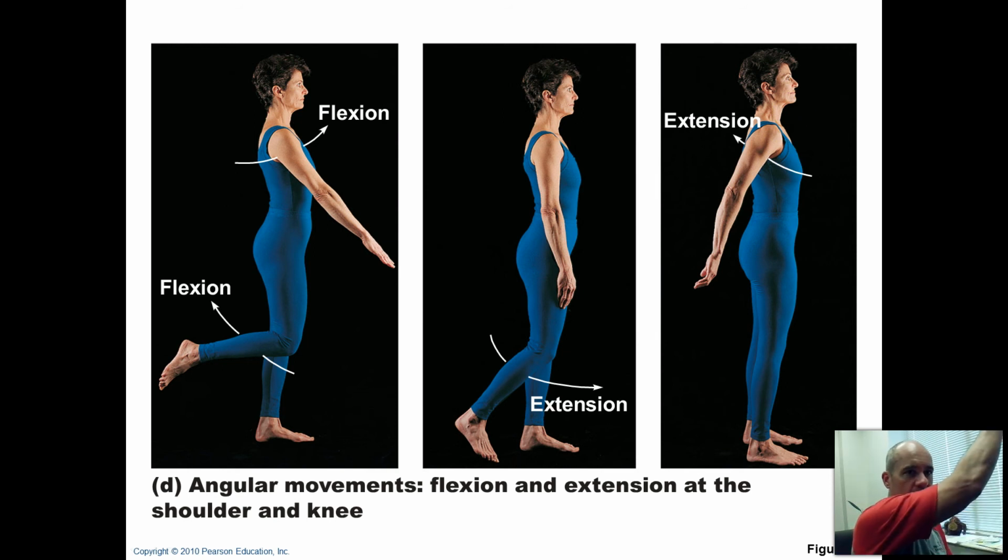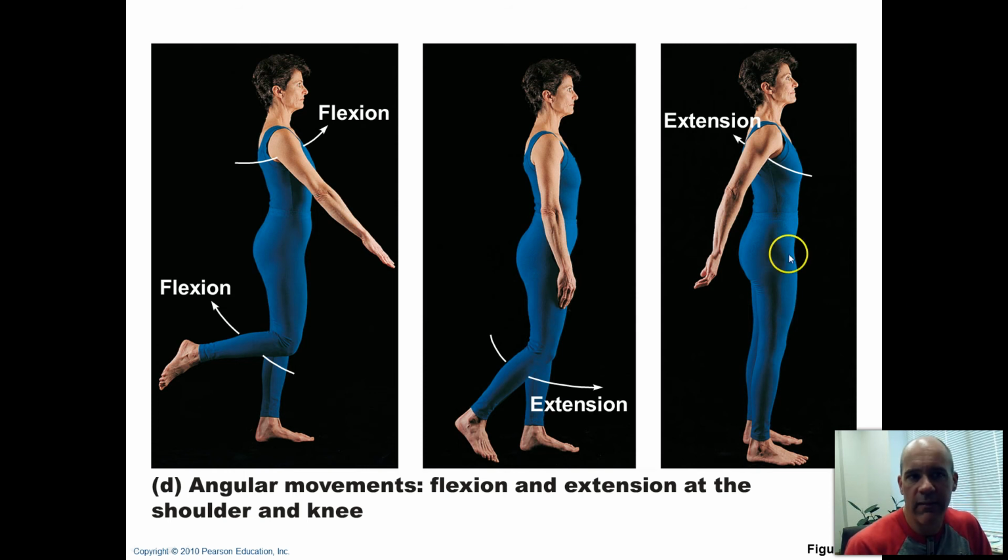When you raise your arm like that, the motion is occurring here at the shoulder joint. When you raise your arm forward like that, that's called flexion of the shoulder joint. And when you lower it, that's extension. And if you take your arm, looking at it from a side view, and you bend it backwards like this, that's called hyperextension at the shoulder joint. So the shoulder is a little bit unusual.